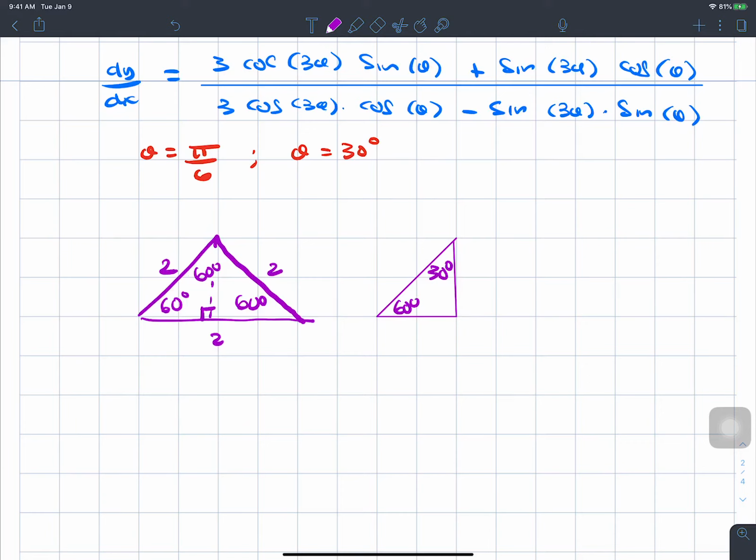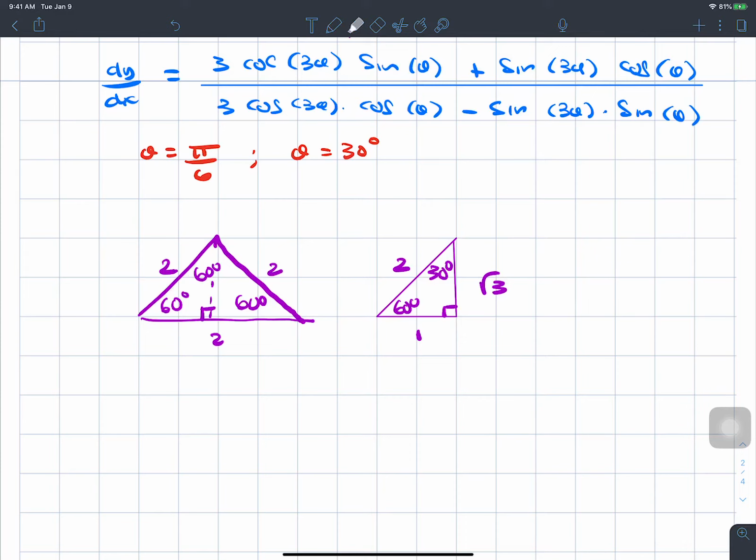This is 60 degrees. 90. This becomes 2, 1, and by Pythagorean theorem, that's a square root of 3. So we need sine and cosine of this 30-degree angle right up here.